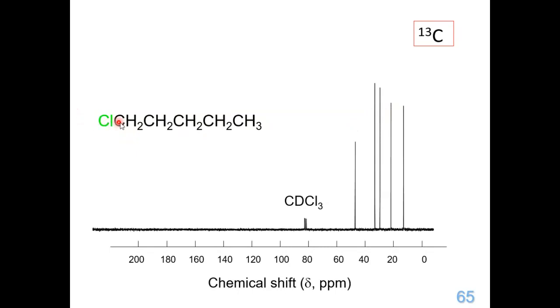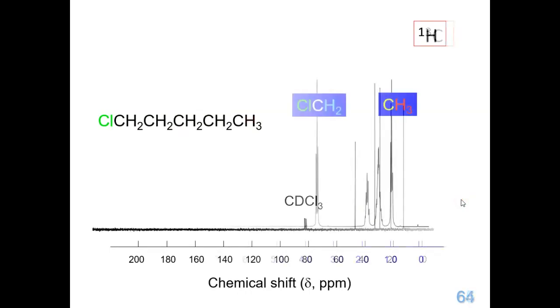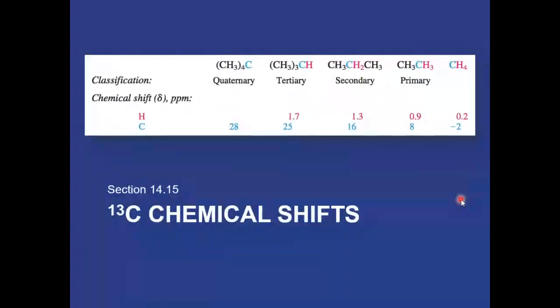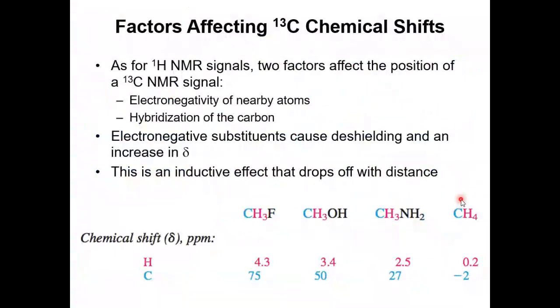So the strongest impact has the highest chemical shift value. Then moving to the left, once further away, you're going to see a smaller chemical shift value. The chemical shift value is again pretty much the same as for the protons.